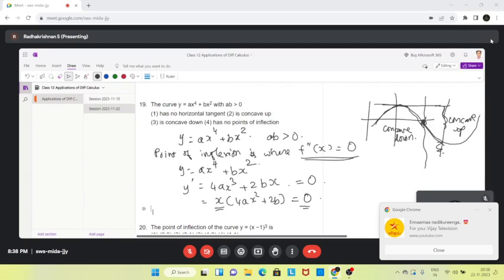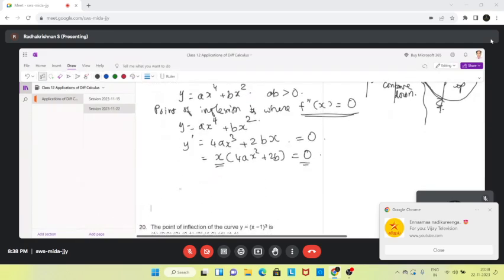Now let us do the second derivative. 12a x square plus 2b. Suppose we put it equal to 0, does it give any value?